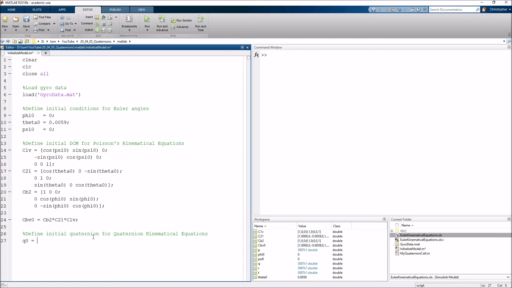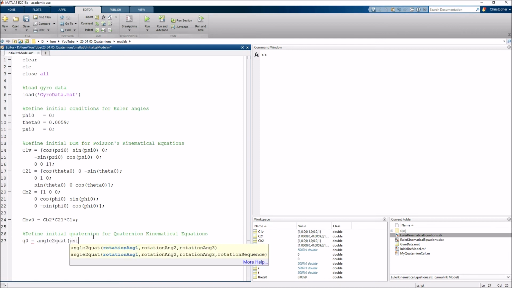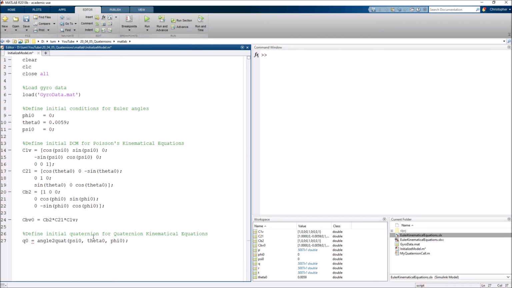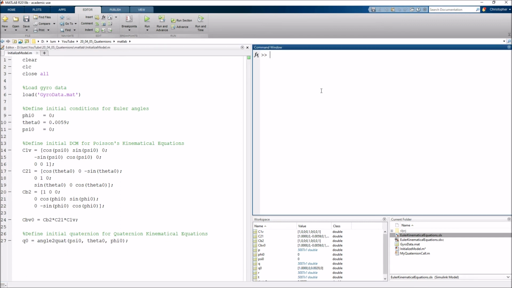Q0 is, we're just going to use our good old friend angle to quat, and we're going to make sure that we remember that it's actually psi 0 that goes in first, then theta 0, and then phi 0. If we run this script, we should hopefully have Q0 defined. Great, here's our initial quaternion.